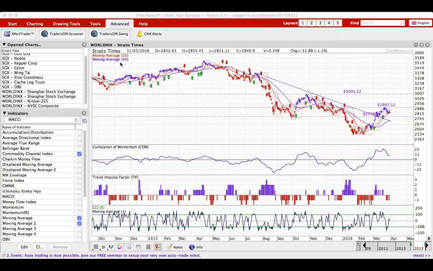And then from here we go to SGX and screen. So we screen for stocks on SGX right now.